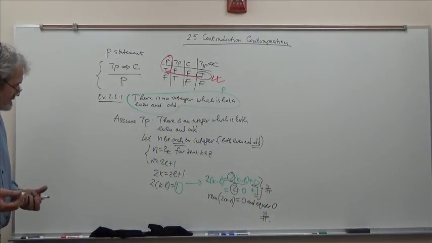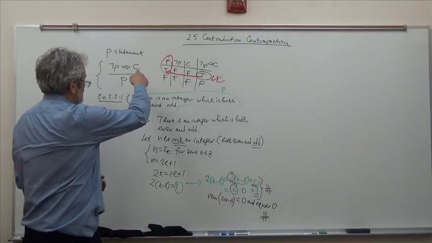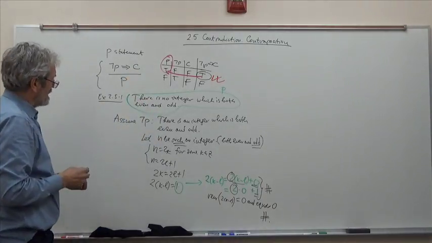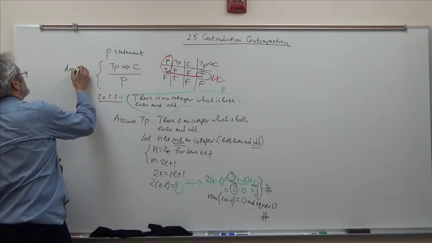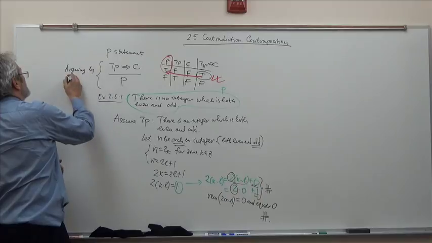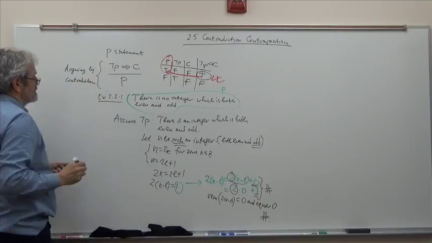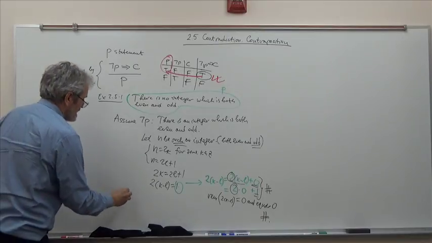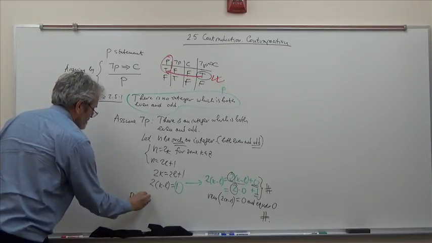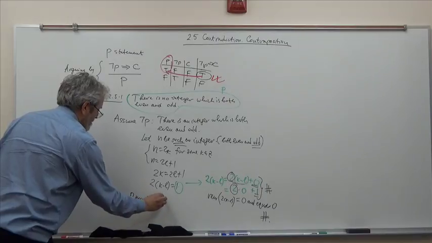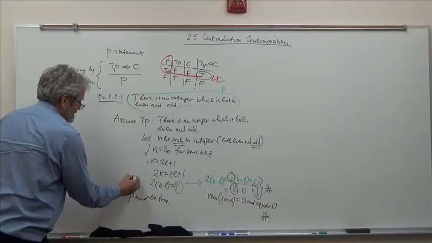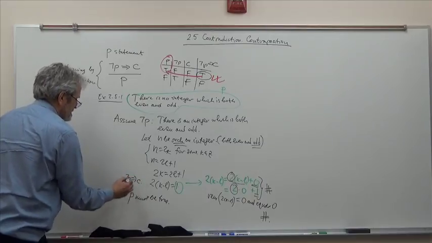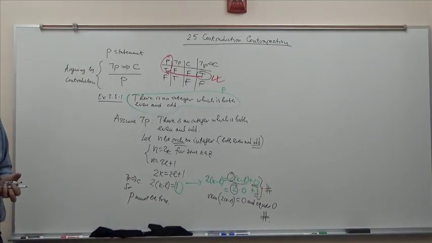Once we reach a contradiction, we call this arguing by contradiction, and according to the argument by contradiction, P must be true. We proved that not P implies a contradiction, so P must be true.